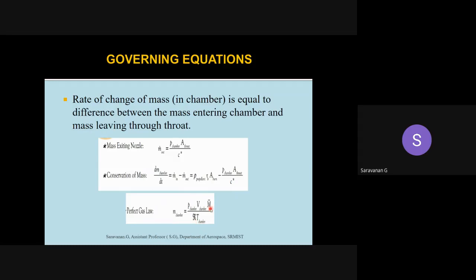What is M bar, capital M bar? Molecular mass of the gas. Yes, correct, perfect. Molecular mass of the particular gases. So this is the basic perfect gas law, PV equal to MRT. These relations can be used while designing a solid propellant rocket performance, or designing a rocket system.